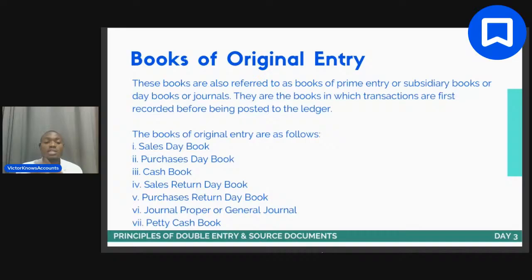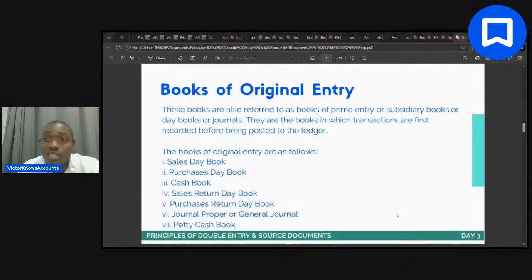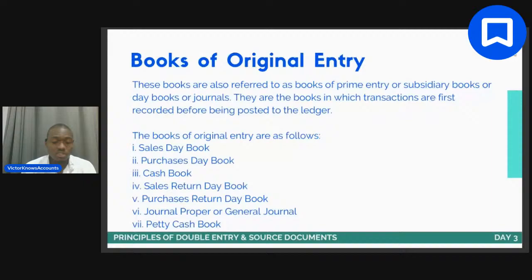All right. Now, let me tell you before I start explaining everything, let me give you one fun fact. Please, I need you to take note of this. It is actually very, very important for your exam preparation and also for further studies. Your cash book is both a subsidiary book and a ledger.